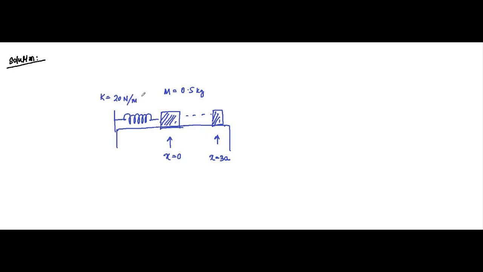Now, first it has been asked to calculate the total energy. We know that the total energy is equal to the potential energy plus kinetic energy at any position. So that is equal to 1/2 k x square, which is the potential energy, plus 1/2 k (a square minus x square).